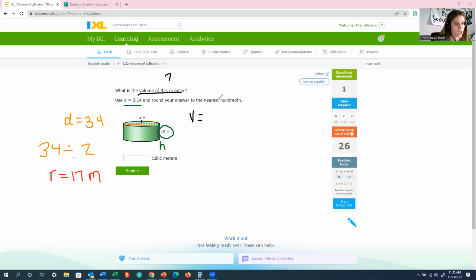Kind of funny. All right, so volume is equal to pi, which is 3.14 times our radius, which you could either write as 17 squared, or you can also recognize that that's the same thing as just 17 times 17, whichever way works best for your brain. And then that's being multiplied by a height of 18.